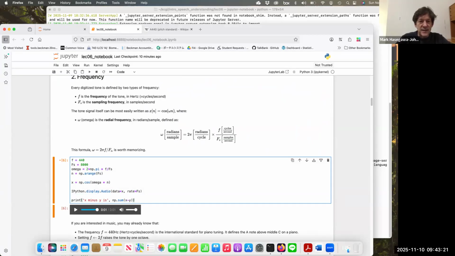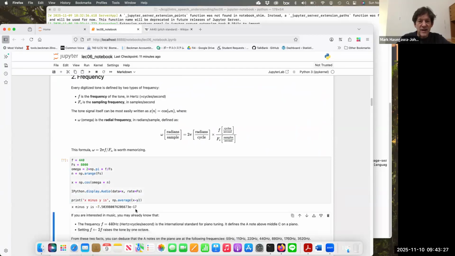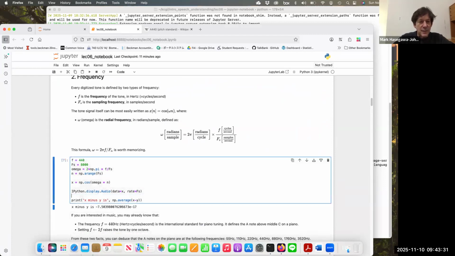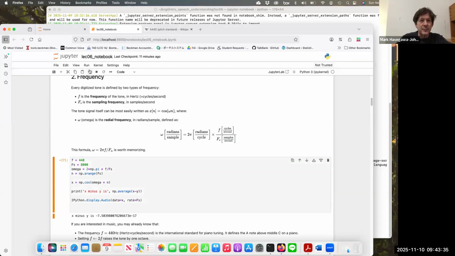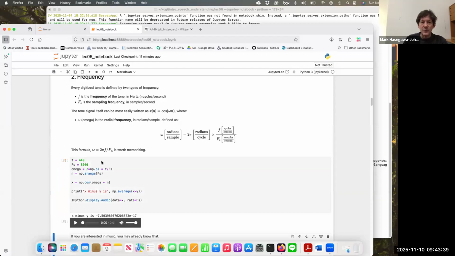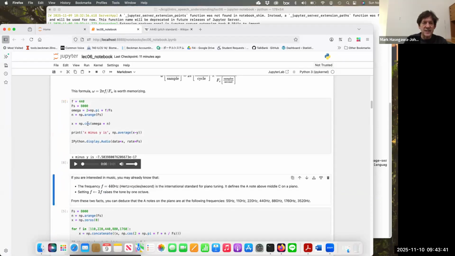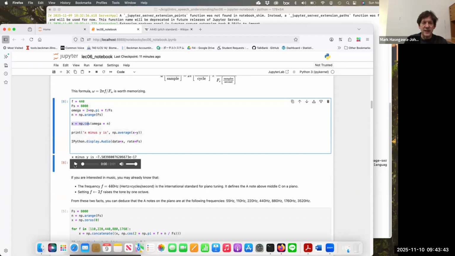Let me take the average. The average is 7.5 times 10 to the negative 17th, which is a very, very small value. Let me put that before the IPython display so that we still get our display. So the average value is 0. This x is the same as the y that we calculated before, and it sounds the same.